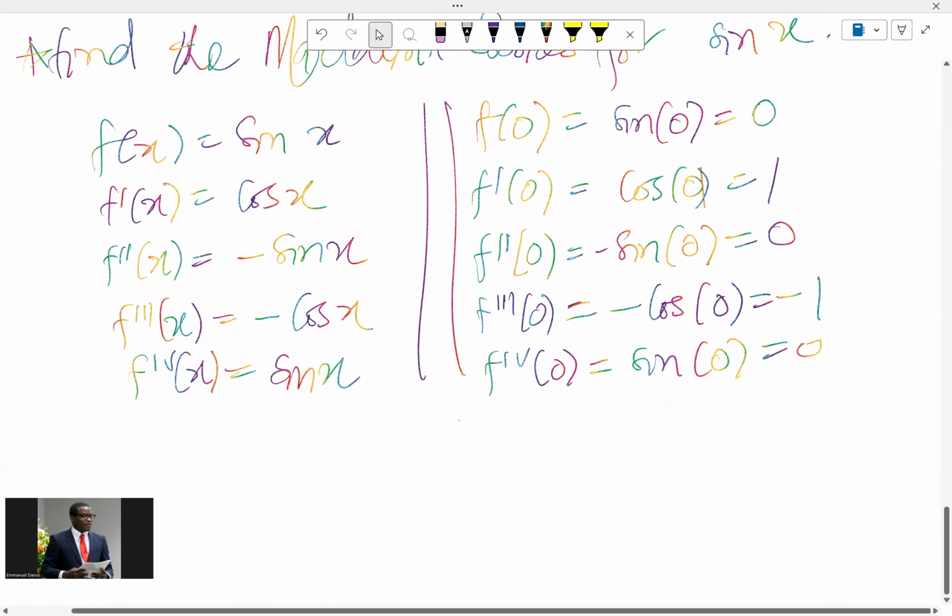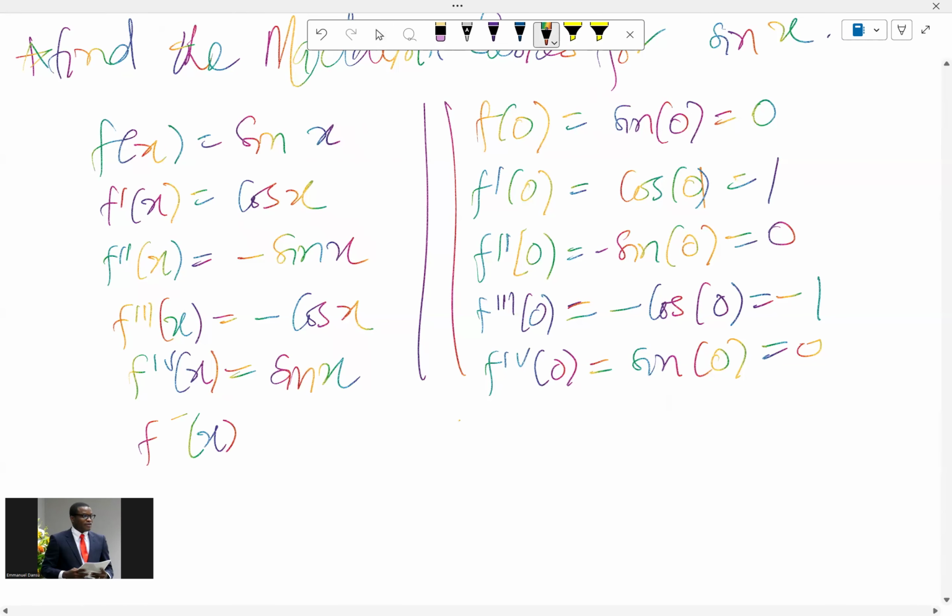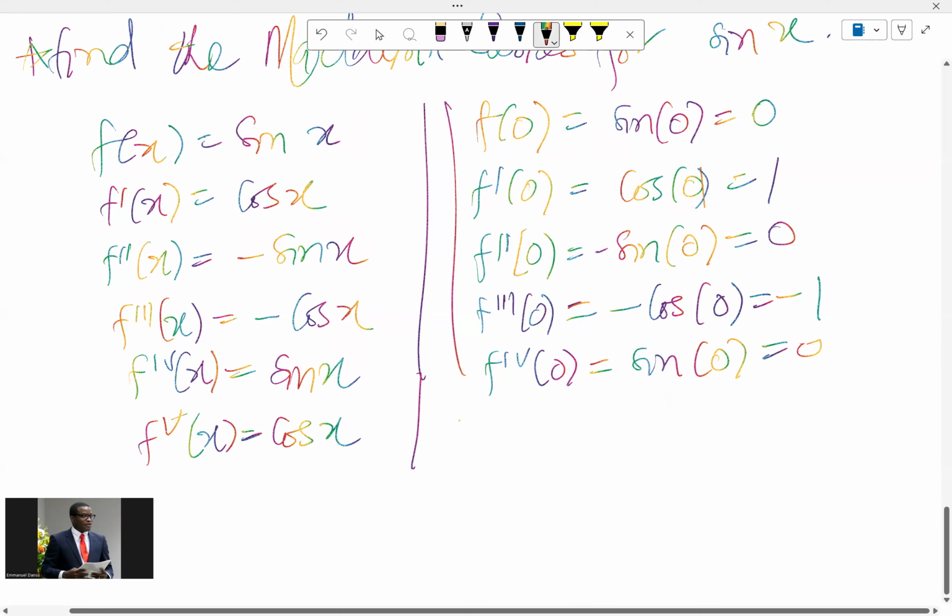Okay, so we have the fifth derivative of x. Differentiate sine x again, you get cos x. So if you evaluate that, that's f fifth derivative of 0, and that is cos 0 again, which is 1.